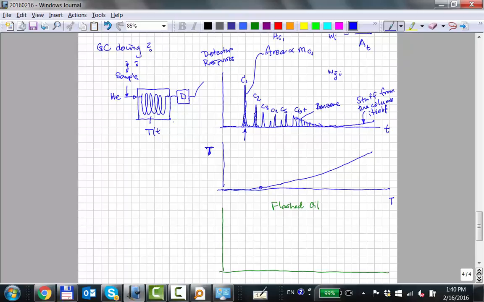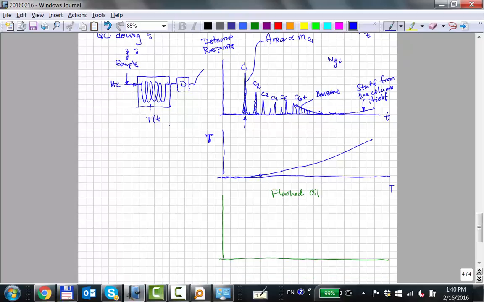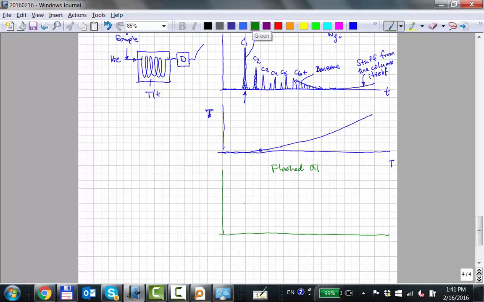Anyway, details. So for the flashed oil, we're going to get a response. Let's say the temperature profile looks the same. For the flashed oil, you're going to get just a little bit of methane, because not much methane stays in the oil at 1 atmosphere. You probably even get more ethane than methane.